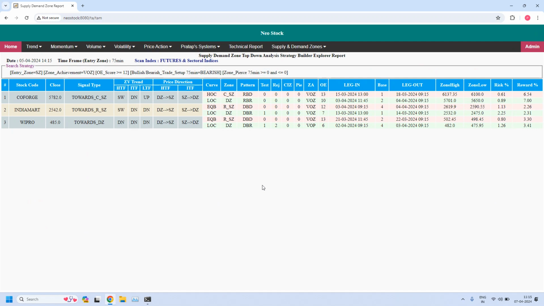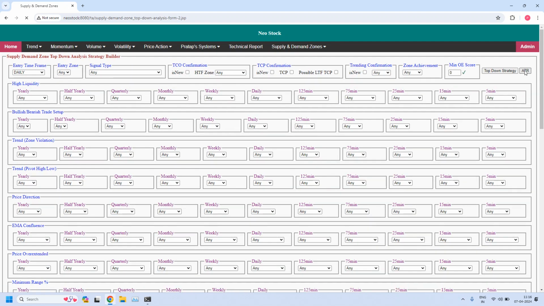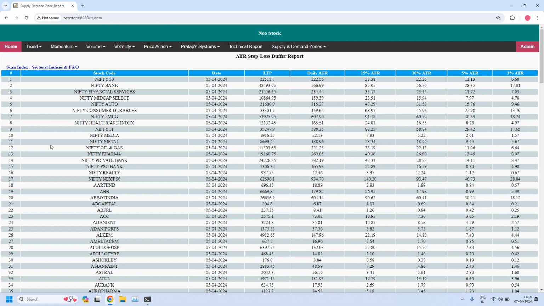So these are the bullish and bearish trade setups for monthly income trade and weekly income trade. And the last report, let us generate the stop buffers based on the daily ATR. So based on the daily ATR, we have generated the stop buffers, and the stop buffer for monthly income trade is this 15% ATR, and the stop buffer for weekly income trade is this 10% ATR you have to use.